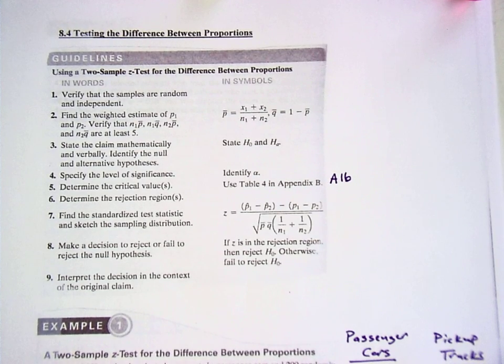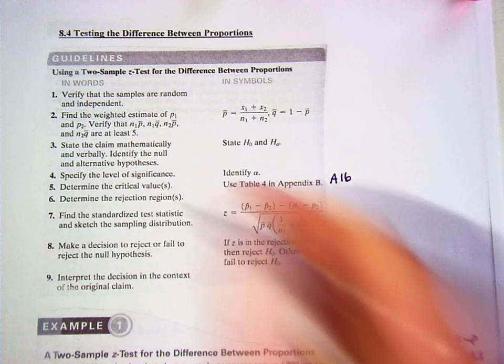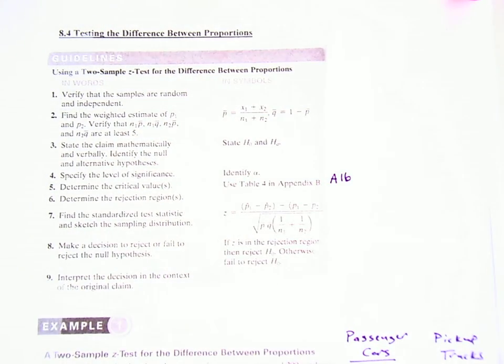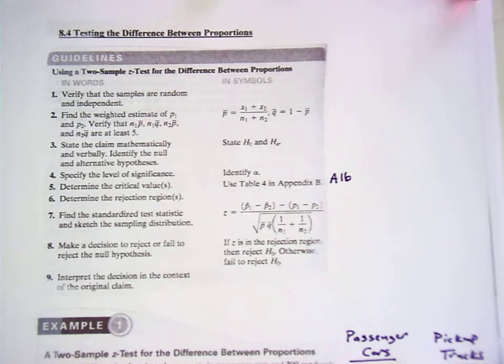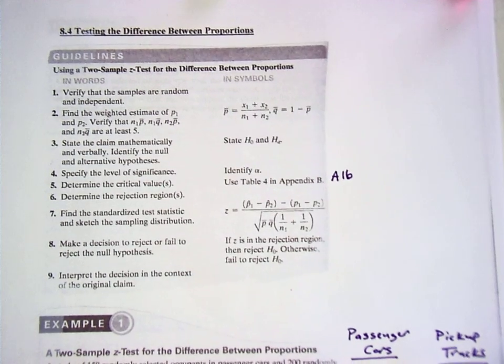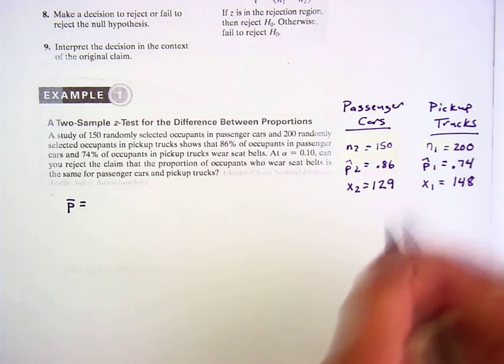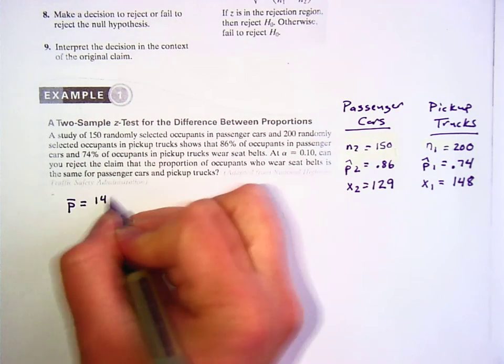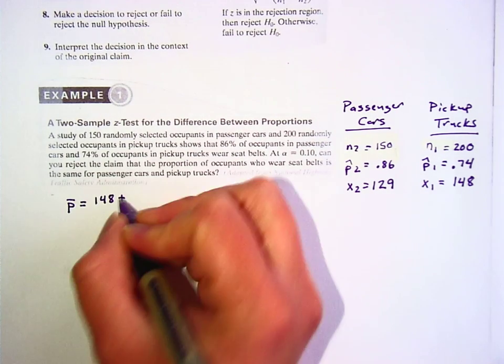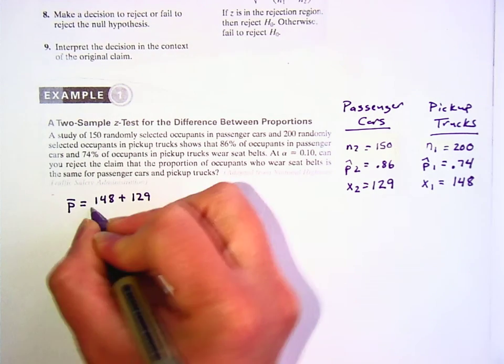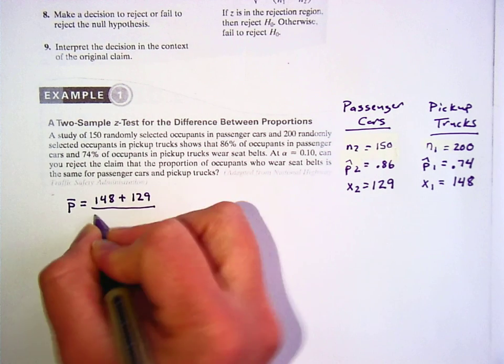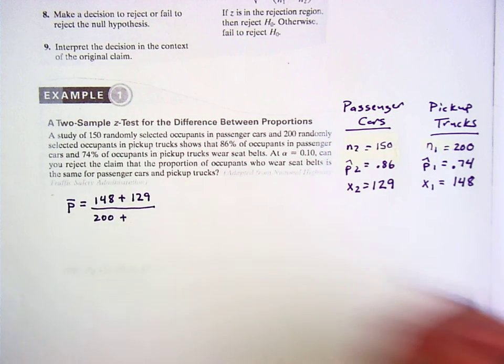So, okay, let's look at the steps here. We have to verify the samples are random and independent. We know they are, because it says in the problem. The second thing we have to do is figure out P bar, and these names are getting ridiculous, P bar. So for that, we have to take x1 plus x2 over n1 plus n2.